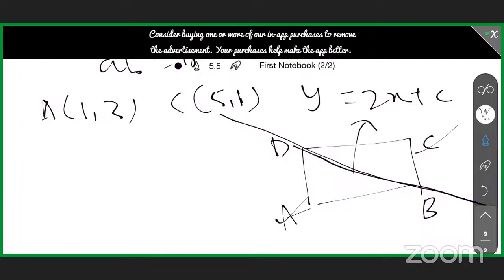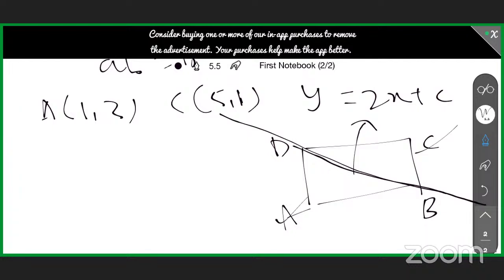The slope is 2. So keeping all these conditions, we have to find the vertices B and D. The question is very small, but the inputs given are very clear.